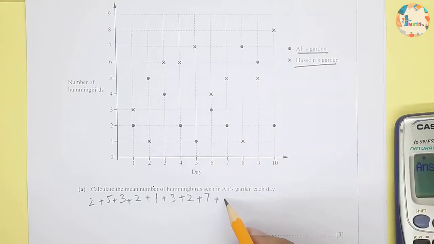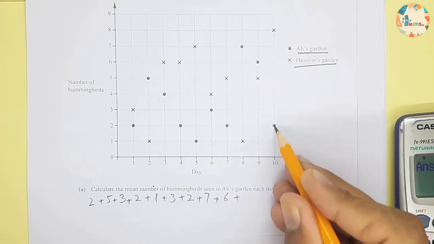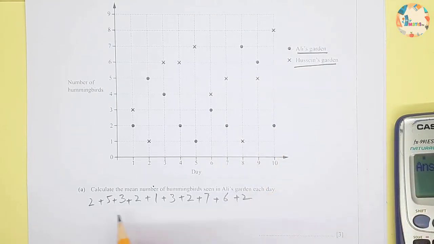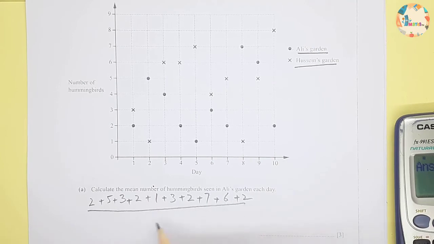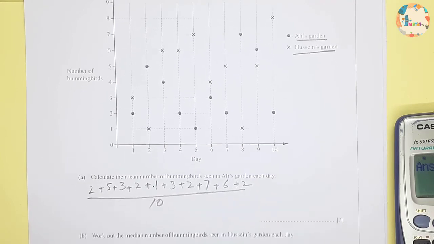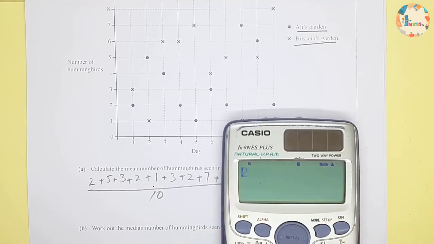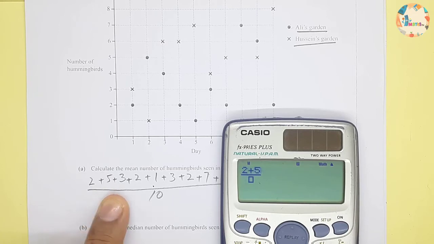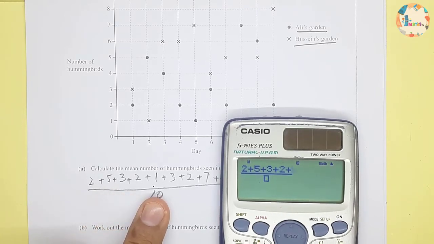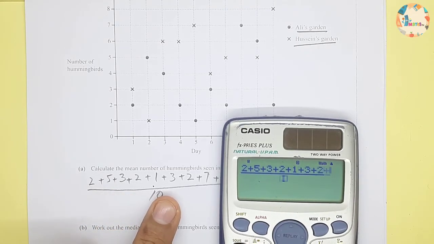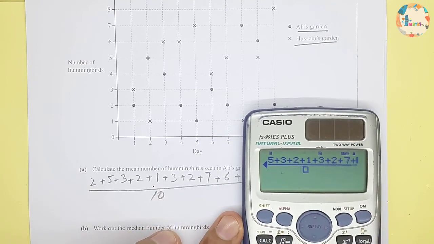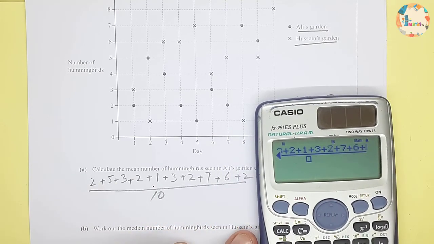Ninth value is 6, and 10th value is 2. Now these values we will be dividing by number of days, which is 10. So we will use calculator to solve this one. So we can take fraction 2 plus 5 plus 3 plus 2 plus 1 plus 3 plus 2 plus 7 plus 6 and plus 2 and divided by 10.